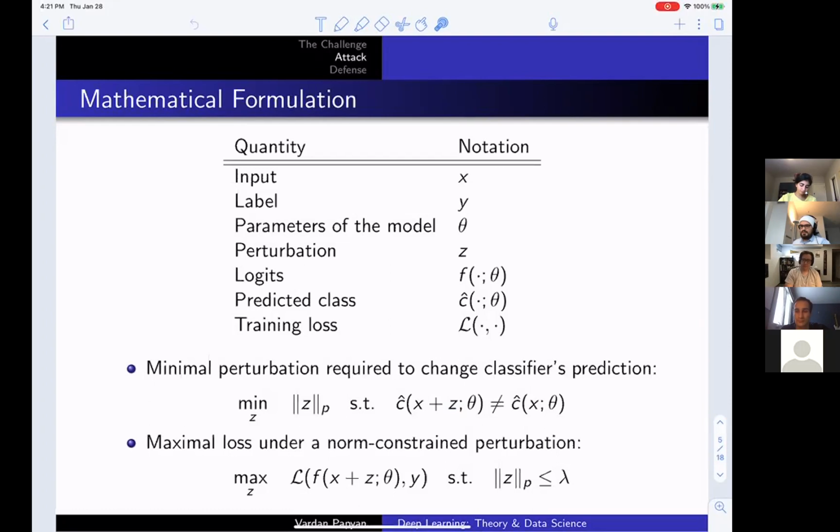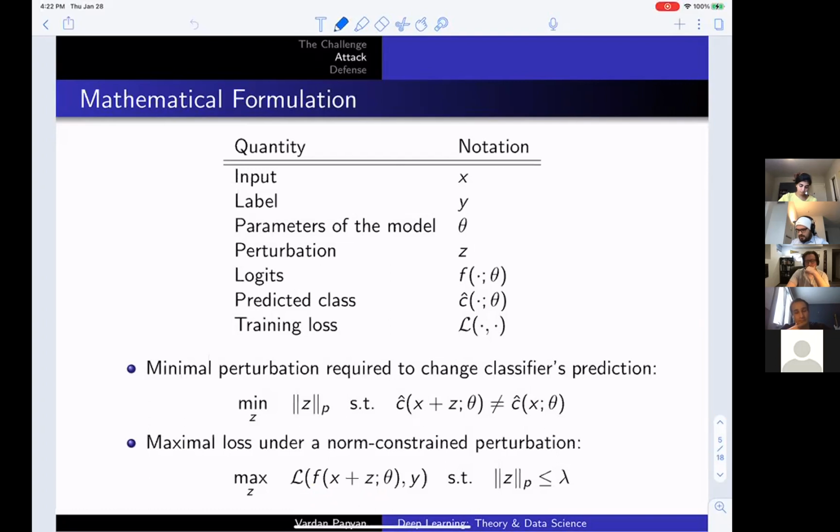Now, there is an alternative formulation of the creation of an adversarial example, where the perturbation is restricted in some LP norm sense, and the perturbation is trying to maximize the loss of the logits of the perturbed image.